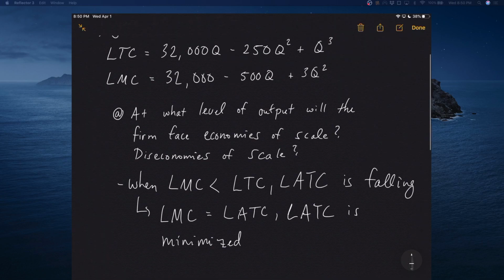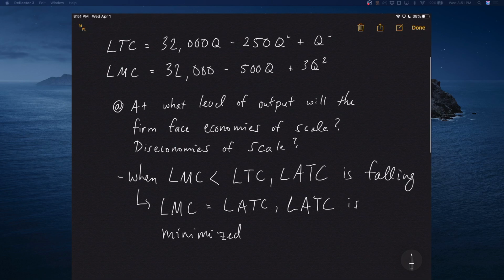We can see above that the long run total cost, now be careful, this is the long run total cost, not the long run average total costs, is equal to 32,000 Q minus 250 Q squared plus Q cubed. The long run marginal cost is equal to 32,000 minus 500Q plus 3Q squared.